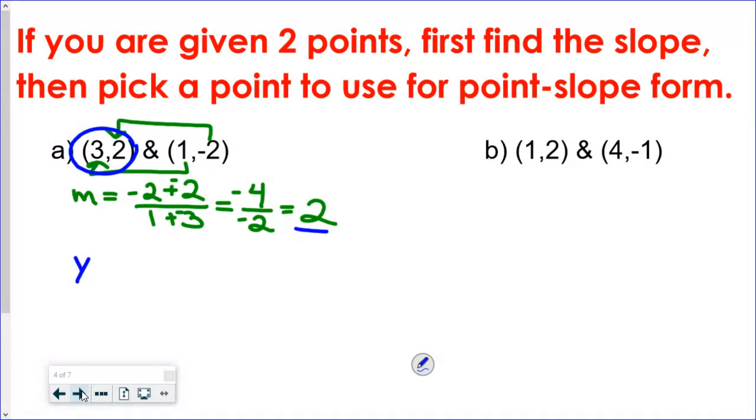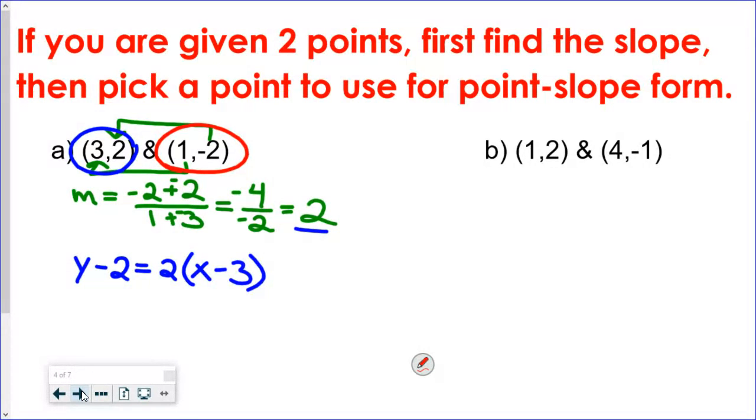Now, let's say I want to use this point and this slope. Well, it's y minus my y in my ordered pair equals my slope, x minus my x. And that's it. Again, I double check, is there any minus minus? Are there zeros? What if I want to use that point? Because we really have 2 points. Well, I could definitely do that.